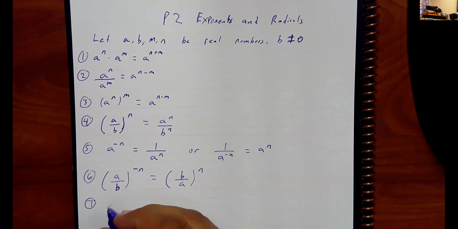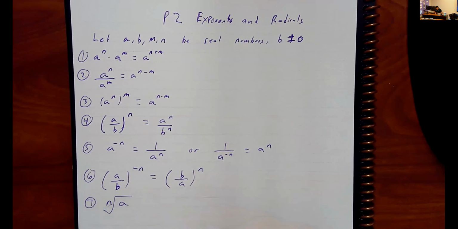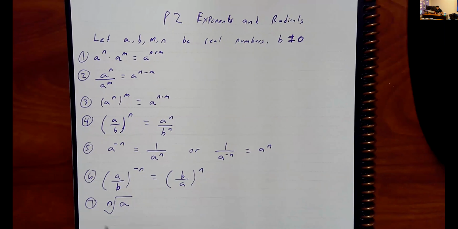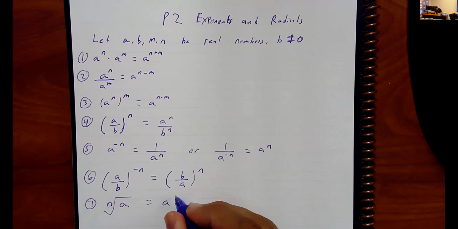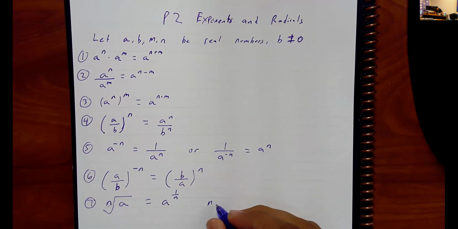Number 7, if you have an index on your radical like this, that's the same as saying a to the 1 over n. So this is just a fractional power, where n is not equal to 0.